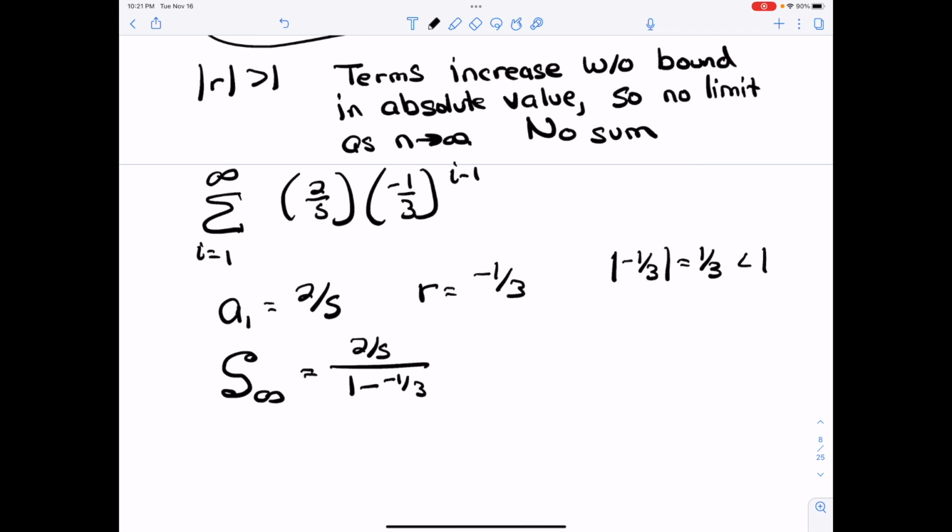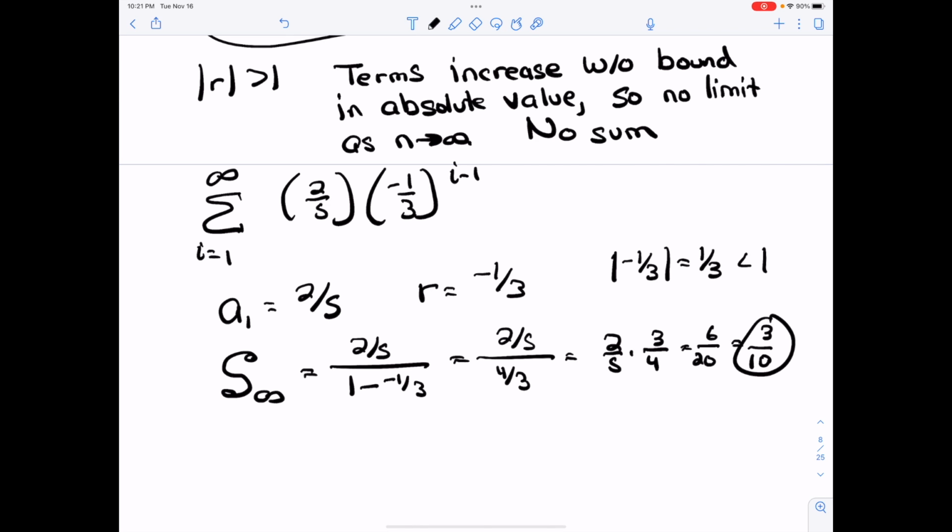Let's see what that's going to get us. So we have 2/5 over basically 4/3. So 2/5 times 3/4. So we end up with 6/20, which reduces to 3/10. So if you started coming up with all the terms in that infinite sequence, and start doing sums, you would see that the limit is 3/10.